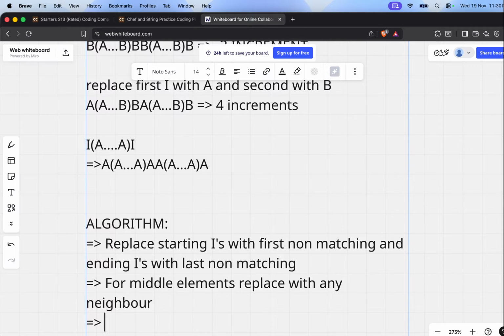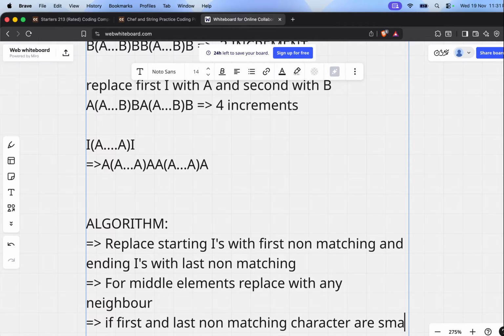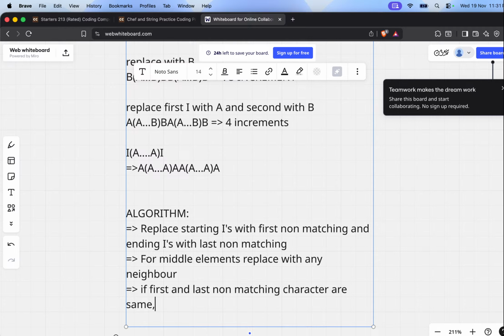So this is an edge case which we should keep in mind: if the first and last non-matching characters are the same, then increment the answer by 1 for each concatenation.